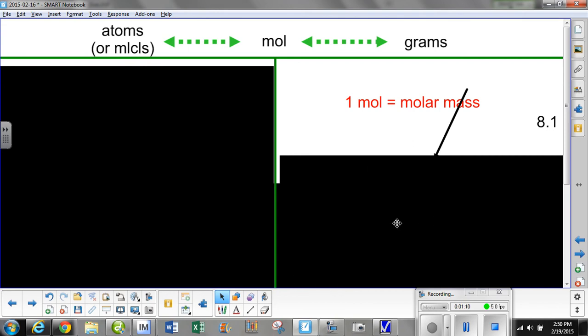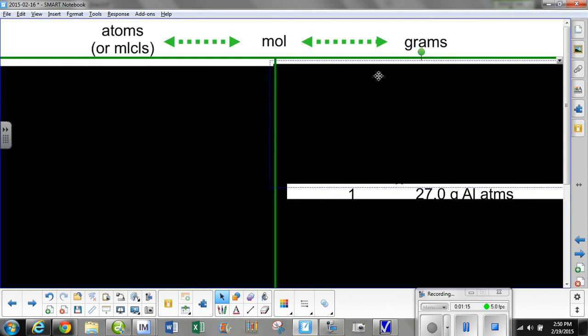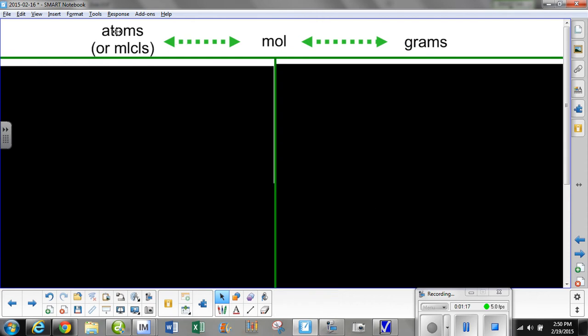Okay, so at the beginning, we wound up with this stuff over here. You'll see two-headed arrows. And the reason you see a two-headed arrow is because sometimes you'll be given the moles, sometimes you'll be given atoms and or molecules. This you already know.